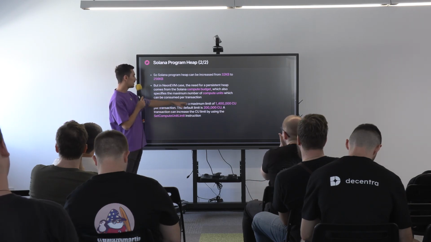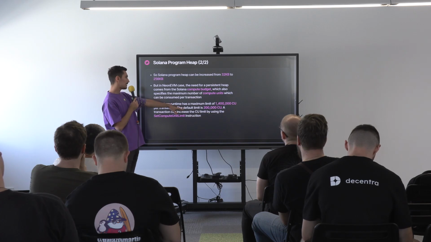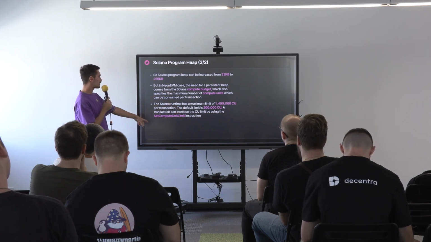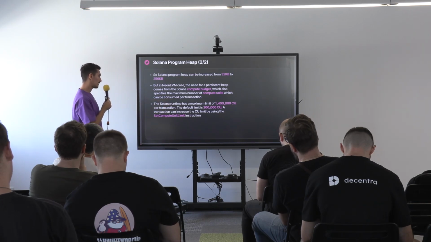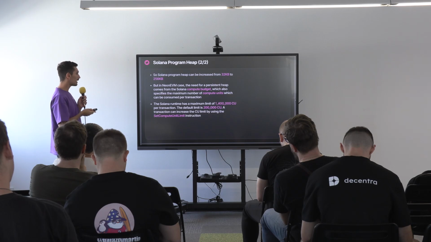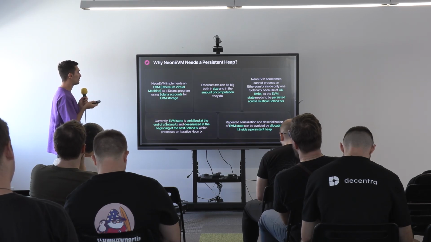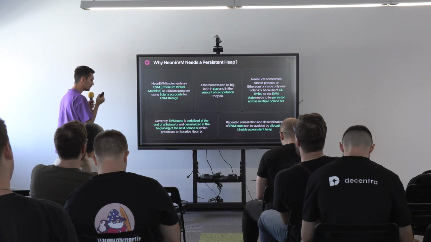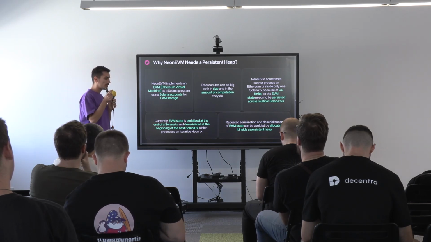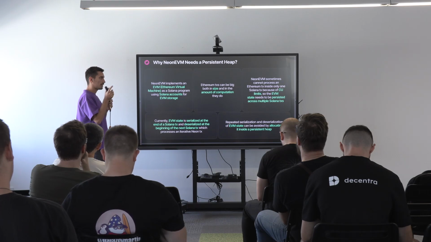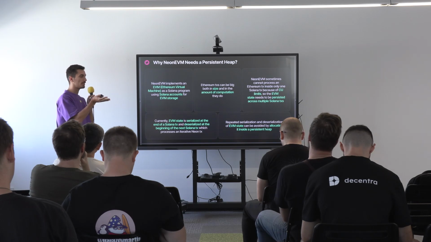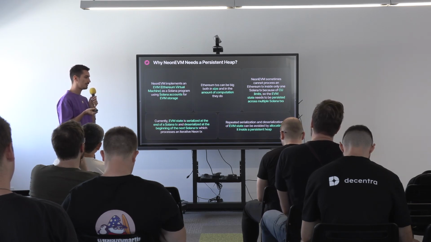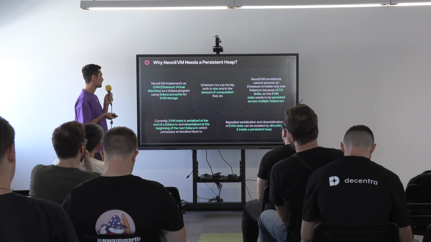The default limit is 200,000 compute units, and it can also be increased with an instruction like set compute unit limit to 1,400,000. And what are compute limits? Compute limits are numbers associated with each basic instruction of the Solana VM, which is basically similar to the EVM opcode gas price.